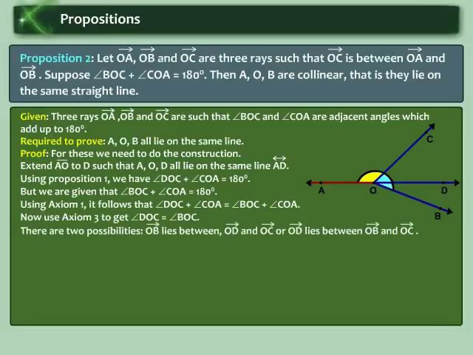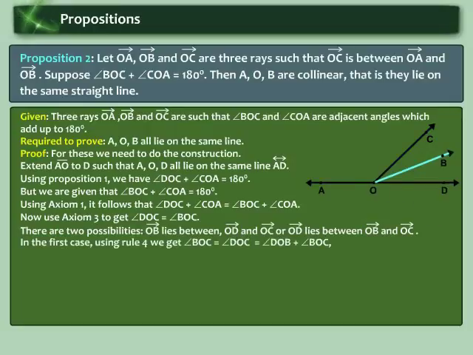There are two possibilities. OB lies between OD and OC, or OD lies between OB and OC. In the first case, using rule 4, we get angle BOC is equal to angle DOC is equal to angle DOB plus angle BOC.